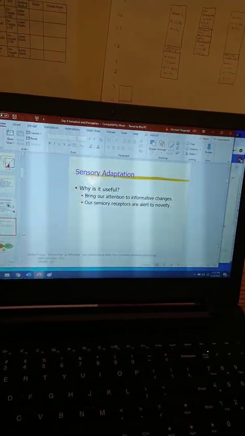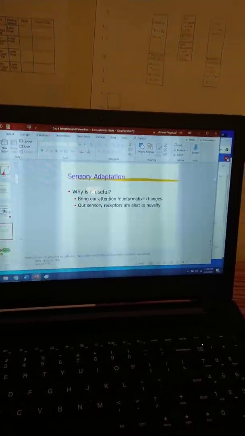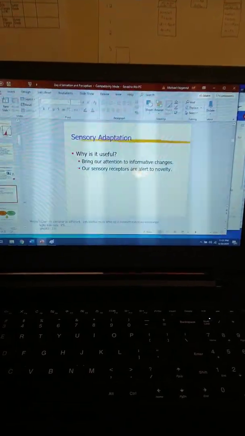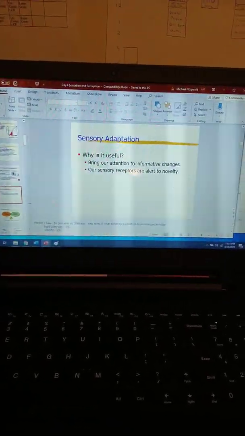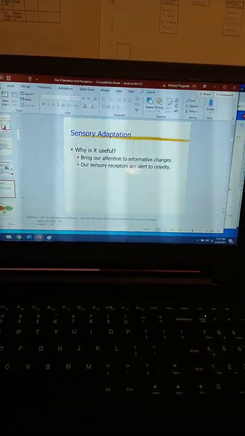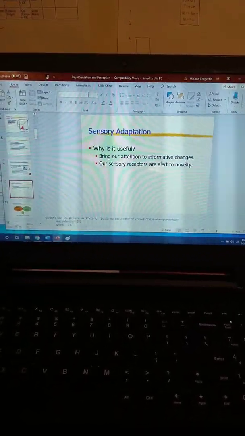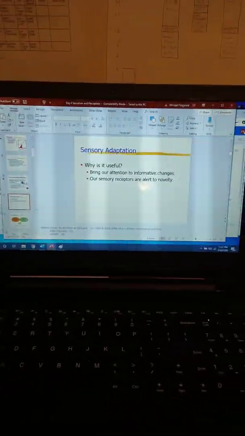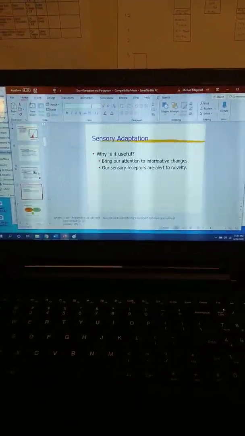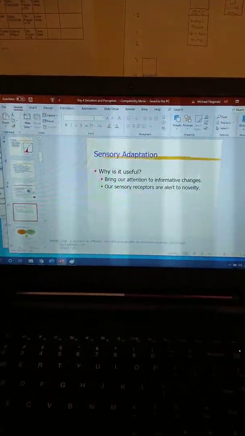But the idea then is that we would be more readily available to detect new, novel stimulus. If something flies in from out of your field of vision, you want to be able to detect that so you can protect yourself.